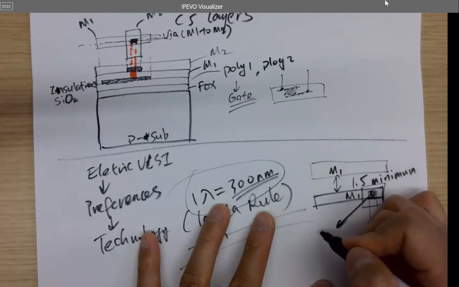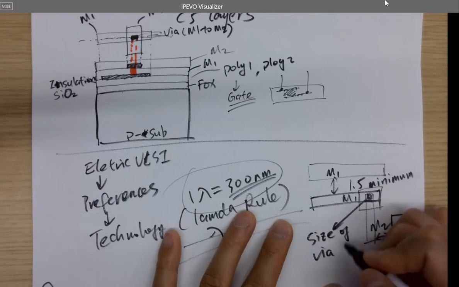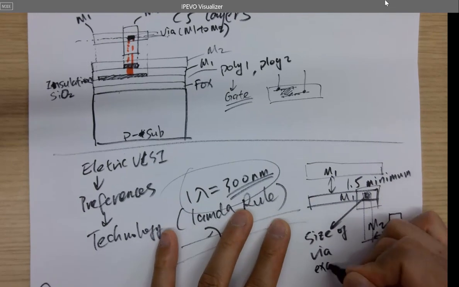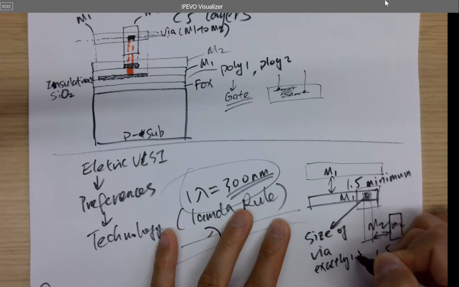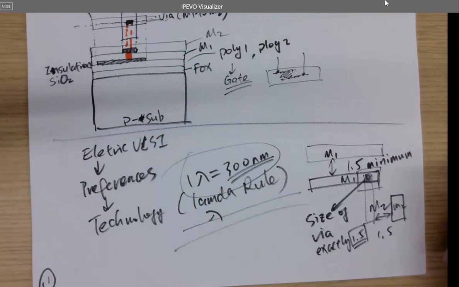And the size of the via is exactly 1.5. Just the rule, okay? It's a square, 1.5.